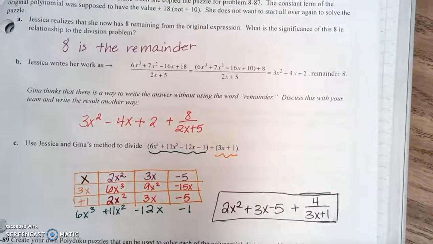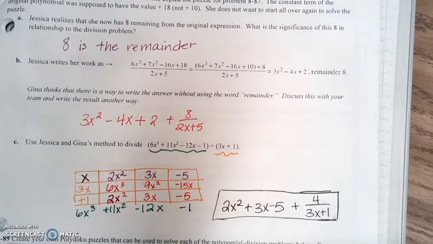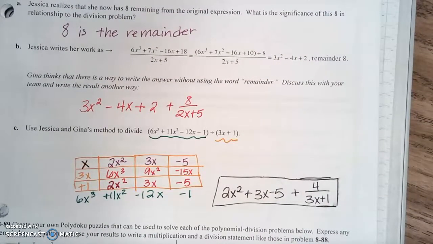Okay? So let's see one with a remainder, as in part C. Use Jessica and Gina's method to divide the 6x cubed plus 11x squared minus 12x minus 1 by the 3x plus 1. So we fill the 3x plus 1 in here.